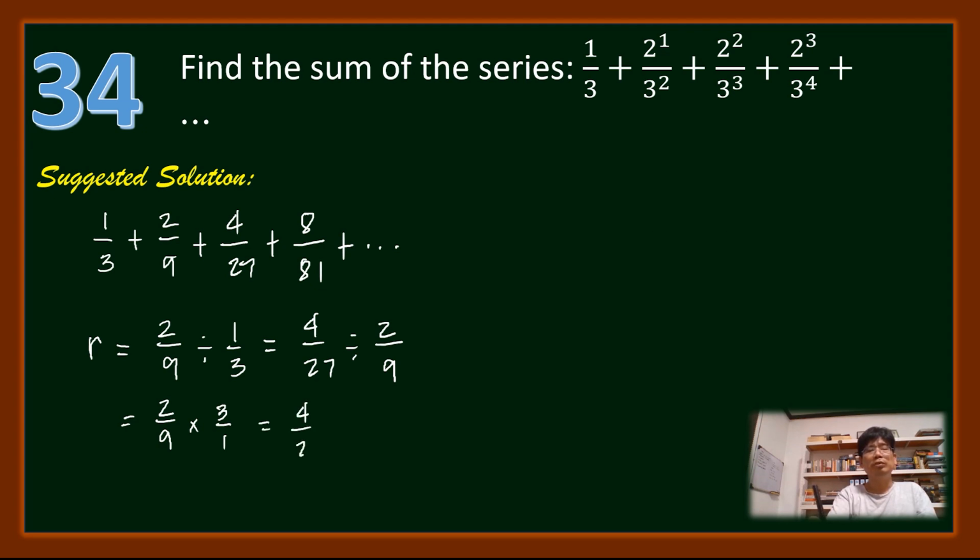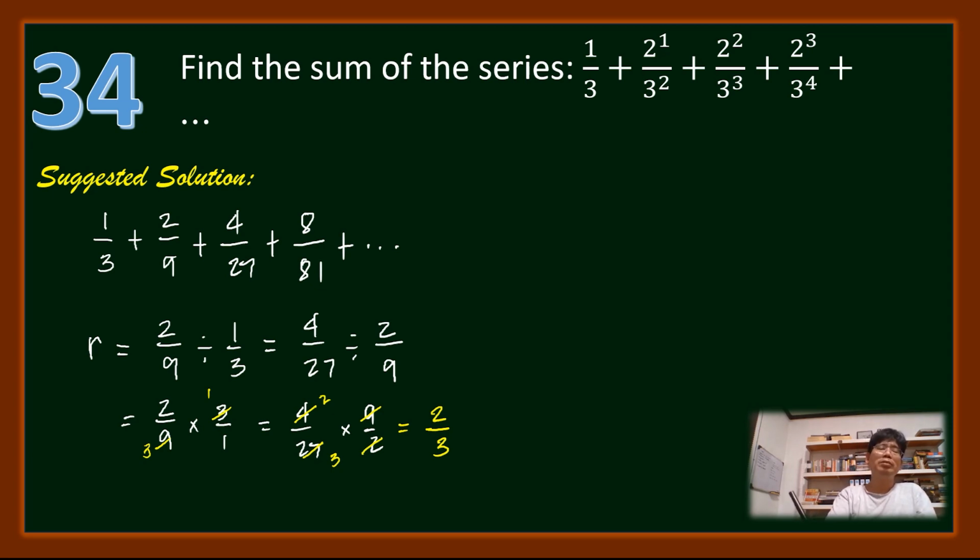So we have 4 over 27 times 9 over 2. Simplifying, we have 3 over 9, that is 1/3. So this is equal to 2/3. On the other side, 4 over 2 is 2, and 9 over 27 is 1/3. Then this is equal to 2/3. There is a common ratio, which is 2/3.